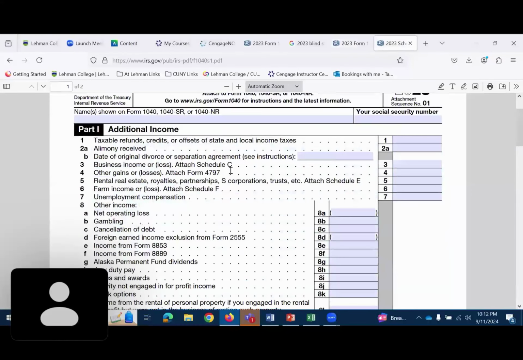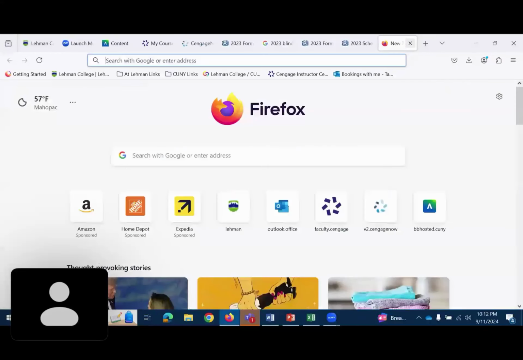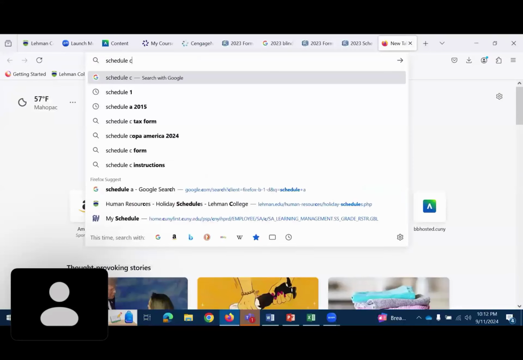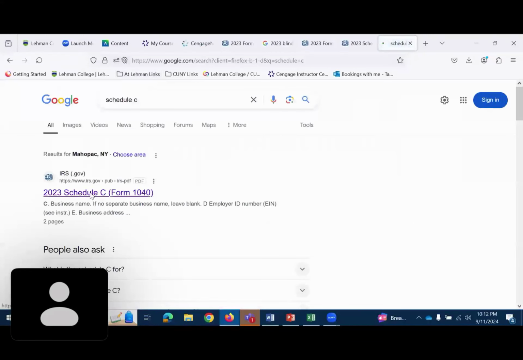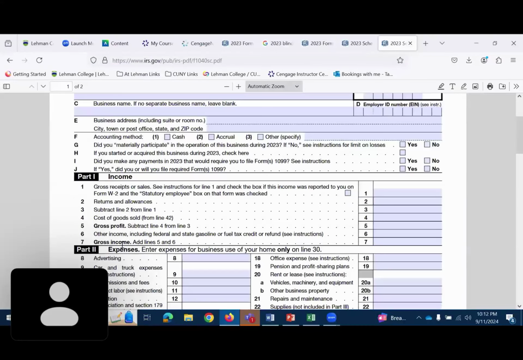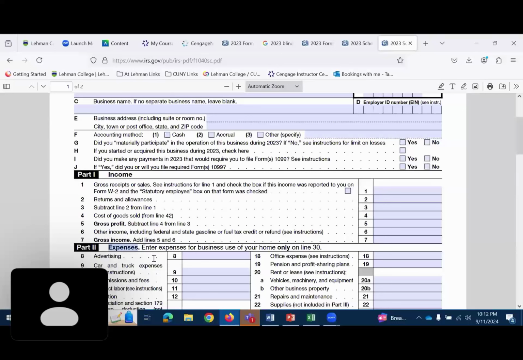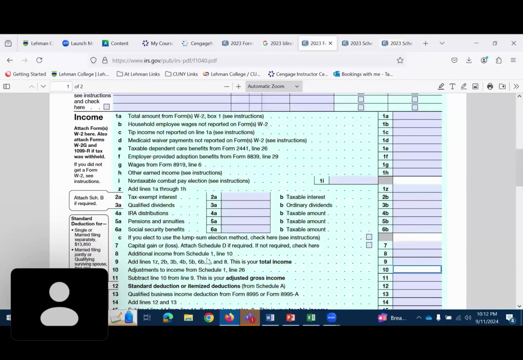For income, you go to Schedule C. Now, Schedule C has income and expenses, right? So when we go to our form over here under Schedule 1, there's income and expenses in this line, income and expenses in each of the lines.